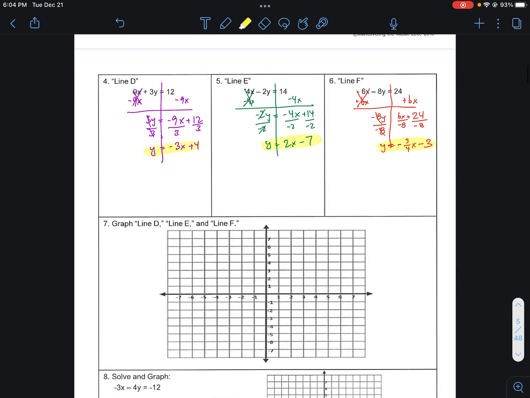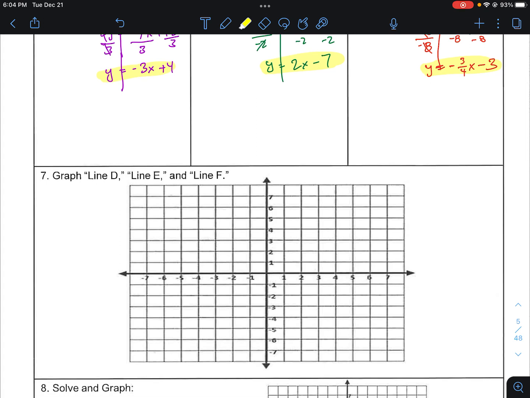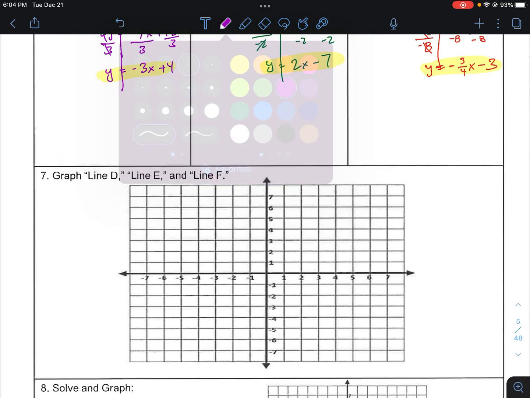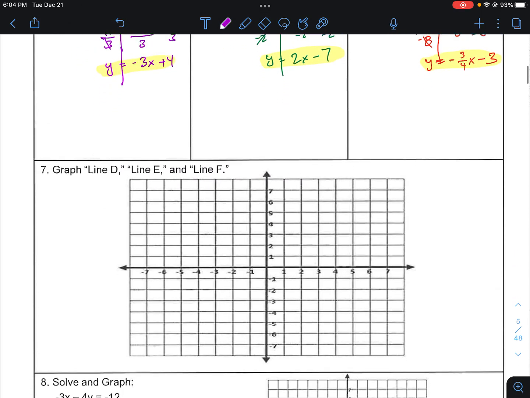Now let's see if I have a solution of all 3 lines. I'm going to start off with line D, which has a slope of negative 3 and a y-intercept of 4. So start off at 4 on the y-axis, with a slope of negative 3, which is the same thing as negative 3 over 1. Rise 4, 1, 2, 3, 4, run 1, good.